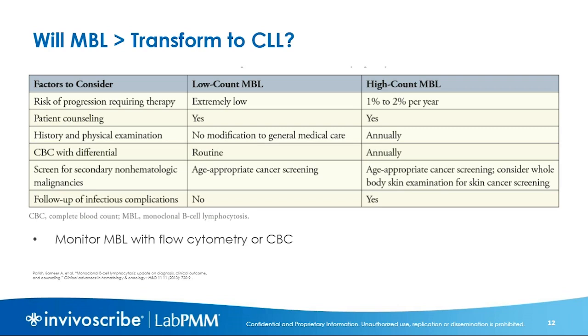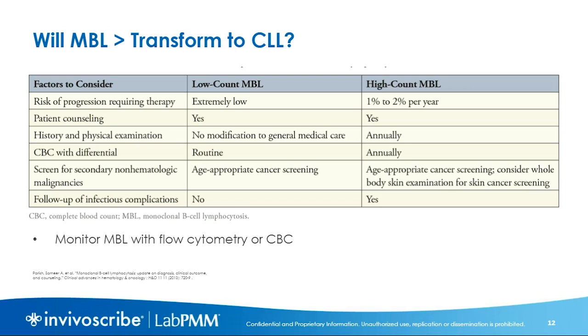The patient can be counseled, as this is a terminology that has been used for probably the past decade at most, but no modifications to clinical management would occur in patients with low count MBL. However, if the patient has a high count MBL, what we've seen is more frequent outpatient visits with their oncologist, closer monitoring with CBCs, and occasionally a flow cytometry test to repeat the quantitation for tracking purposes.